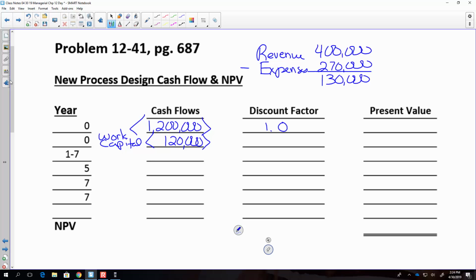That's what I want to use here, the 130 for 7 years. My revenue of 400 minus the 270. Again, the author doesn't combine these two together. They're doing it separately. In addition, in year 5, they do a refurbish, major overhaul at 120. So that's another negative.